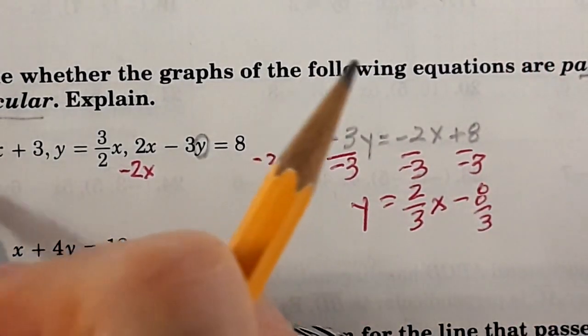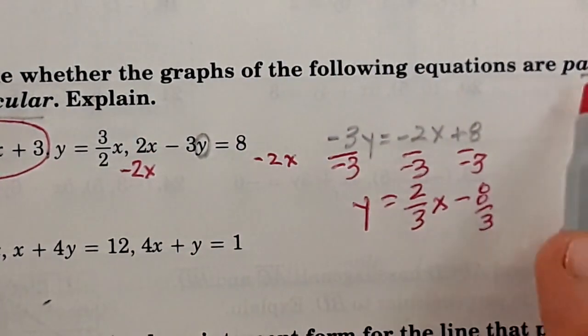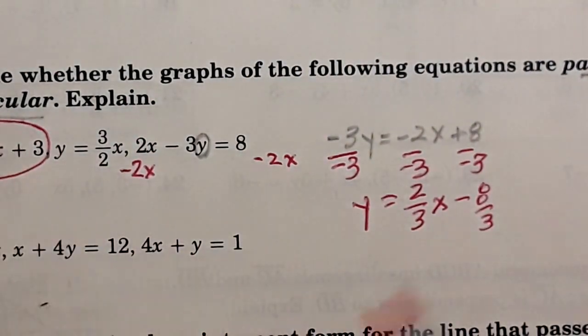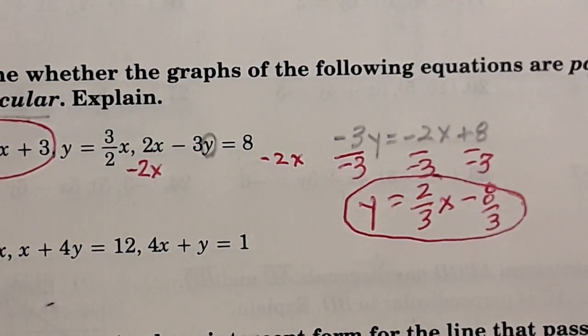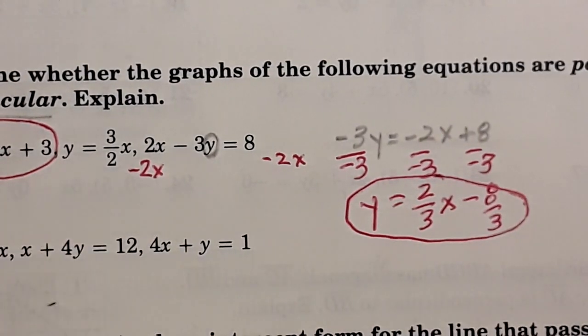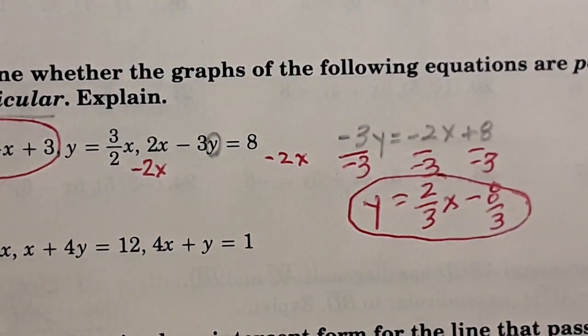So if you look at each one of those, determine whether the graphs of the equations are parallel or perpendicular. Aren't those two parallel? This one and this one? I don't know how come they got 3, 3.